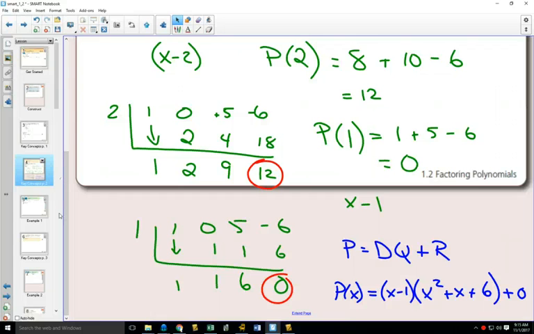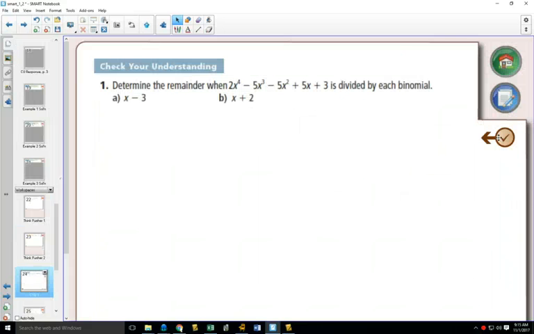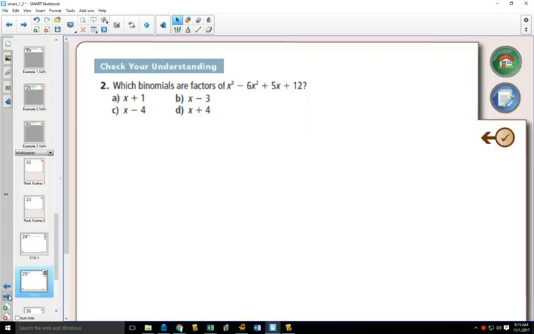So example 2 says, if you had this new polynomial, and right above it I'm going to say let p of x equal x cubed minus 6x squared plus 5x plus 12.